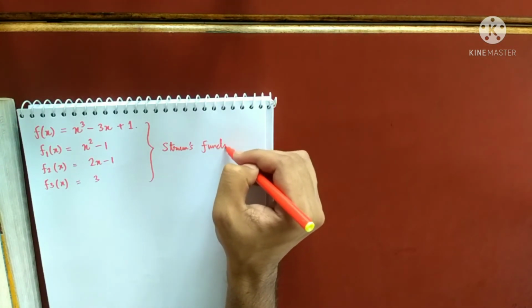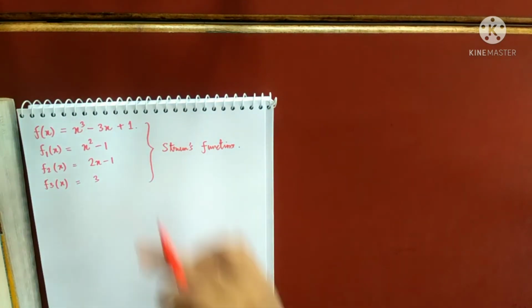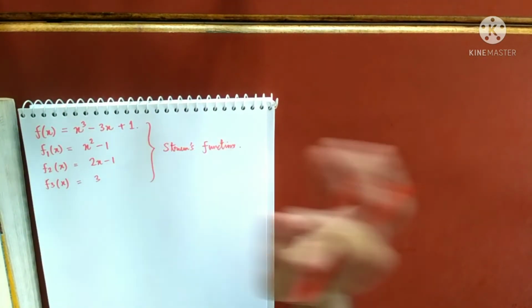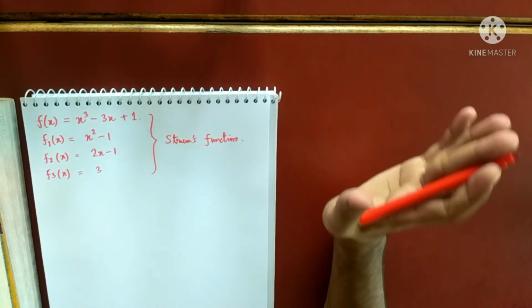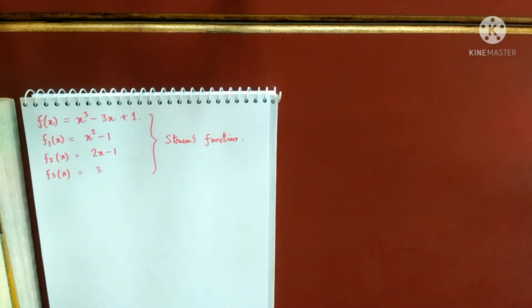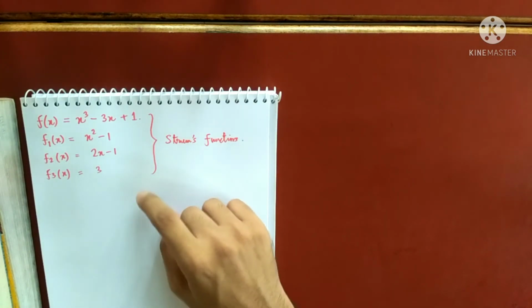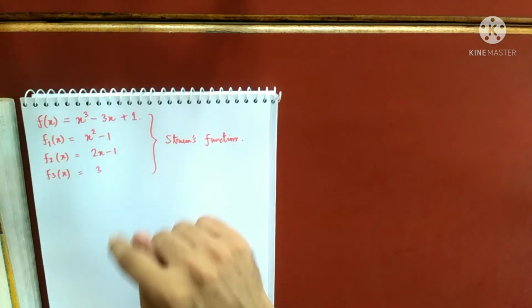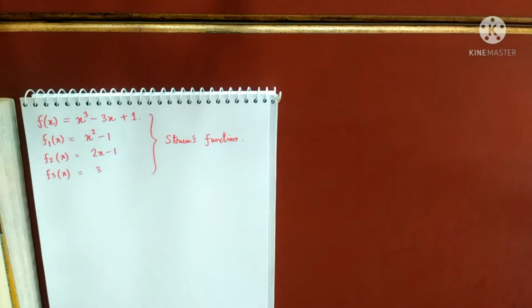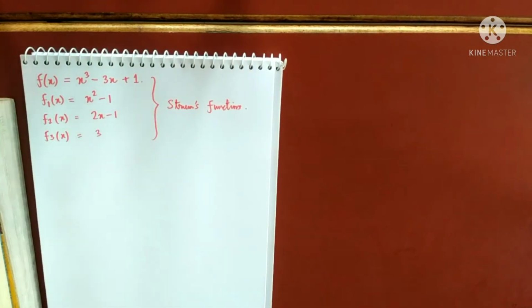So now we'll use the theorem. We will take some interval and determine the changes in sign in each of them. So remember what was the thing? You choose any interval, suppose you're choosing the interval as a to b. You determine the sign of this when x equals a, and the sign of this when x equals b. So what I'll first do is write all of them together.